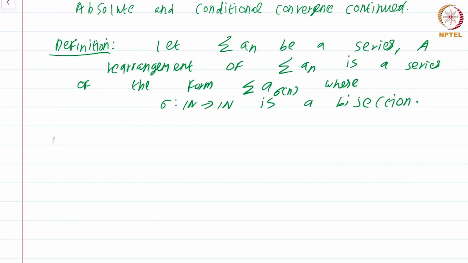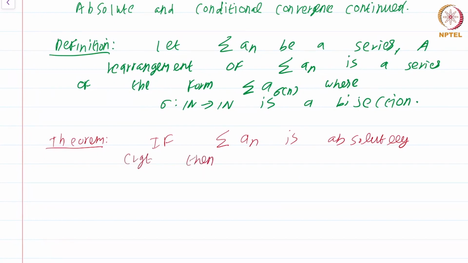More precisely, making this a precise theorem: if summation an is absolutely convergent, then all rearrangements converge to the same limit.